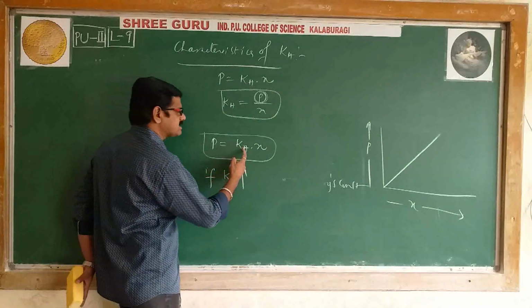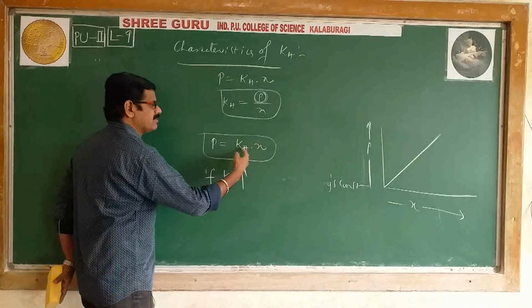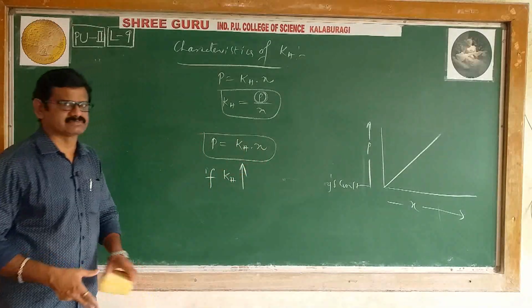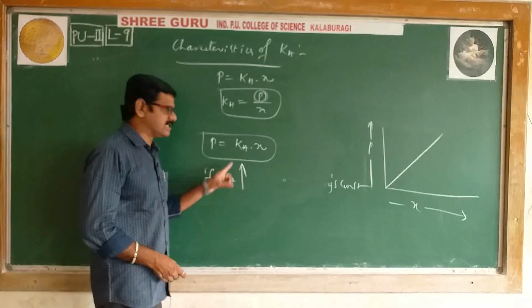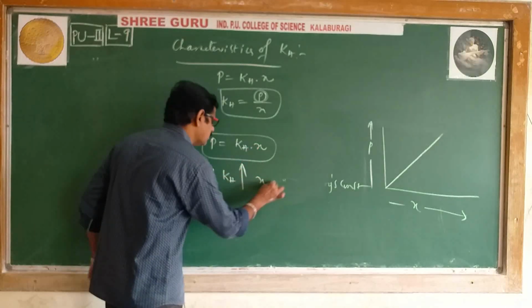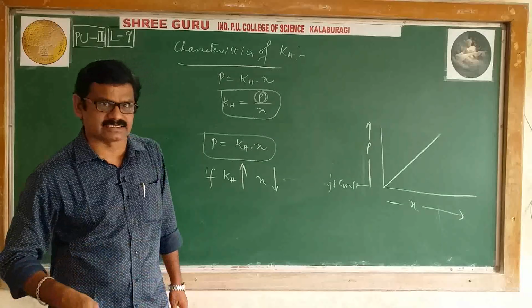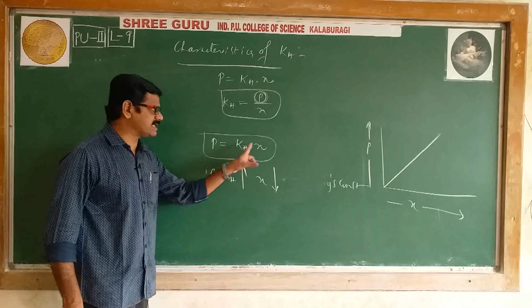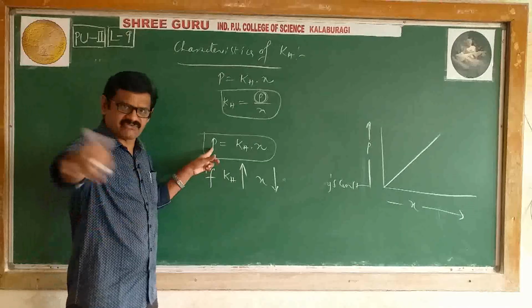Remember, the product of KH and mole fraction is fixed at a particular temperature. That's why if KH increases, definitely X, the mole fraction, nothing but solubility, decreases, because one increases means the other should decrease as the product is fixed.